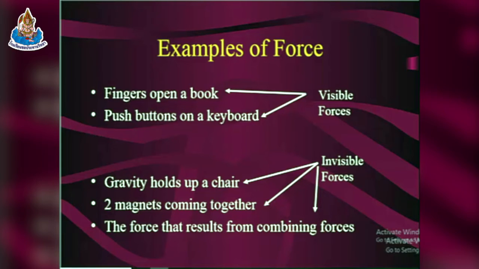You apply forces. Invisible forces, on the other hand, here are the examples. We have gravity holding up a chair. We cannot see the gravity that is holding a chair. Another one, two magnets coming together. Another one, the force that results from combining forces. We're going to discuss that later in our lesson.